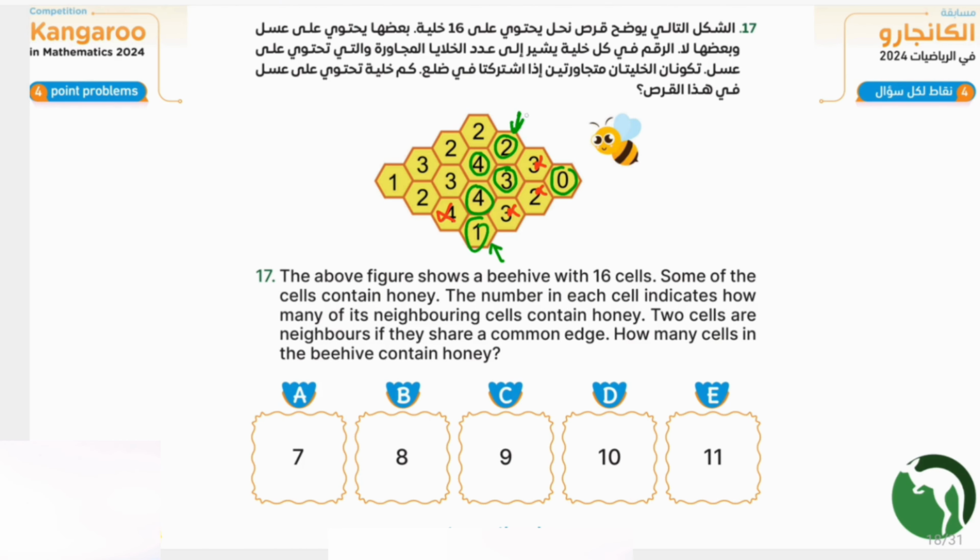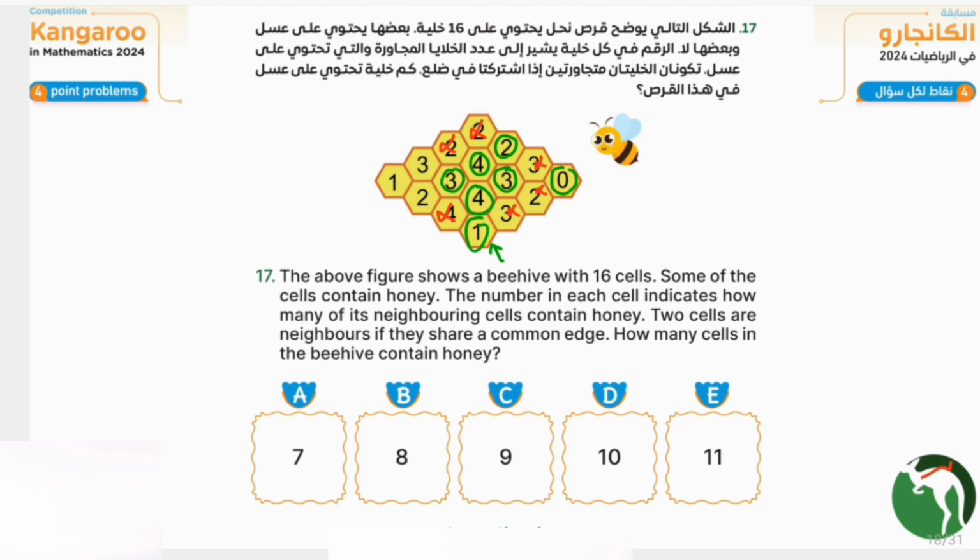Here it's telling us that its neighbor should contain honey, and 2 already contain honey, so this one doesn't contain honey. Now also in this one here, we have 2 and we have already 2 neighbors containing honey, so this one will not contain honey. Now for this 4, it should have 4 neighbors containing honey, so this 3 should contain honey.